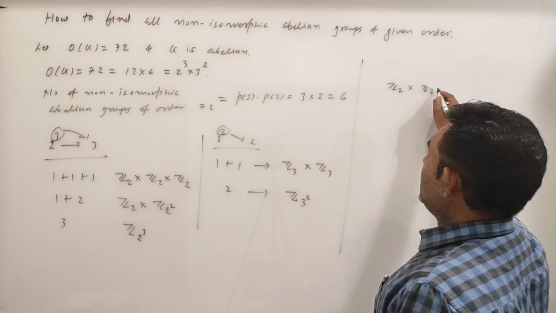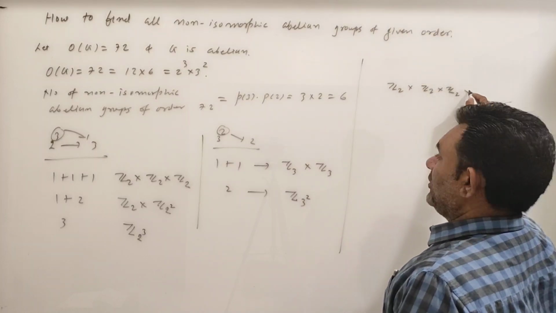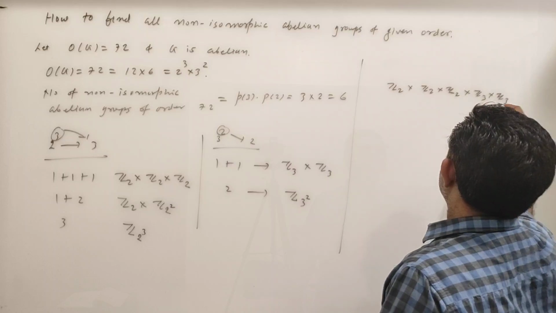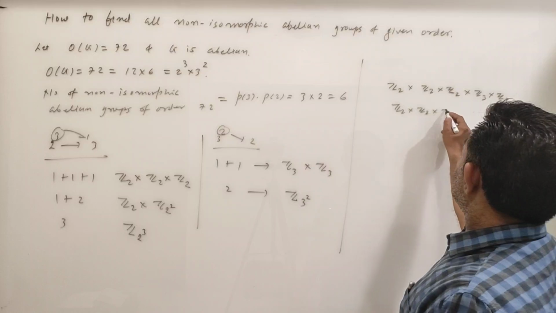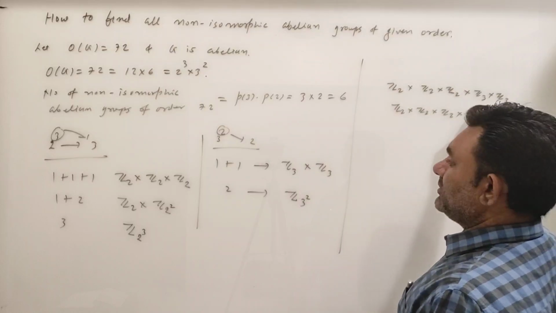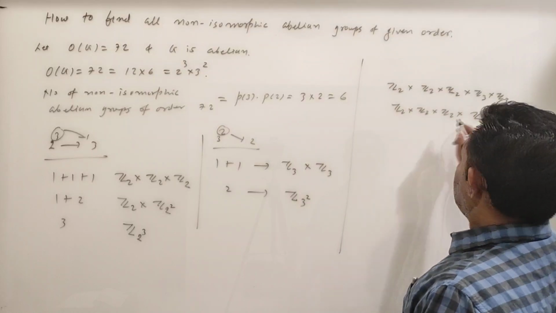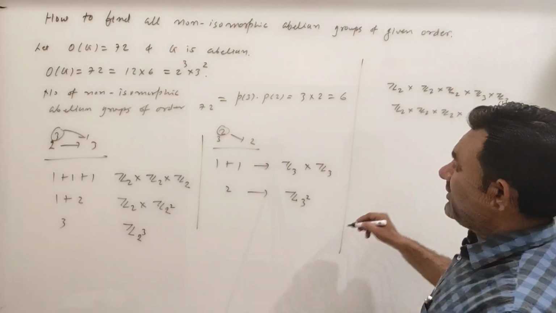Z2 cross Z2 cross Z2 cross Z3 cross Z3, then Z2 cross Z2 cross Z2 cross Z3 square, 3 square is 9.